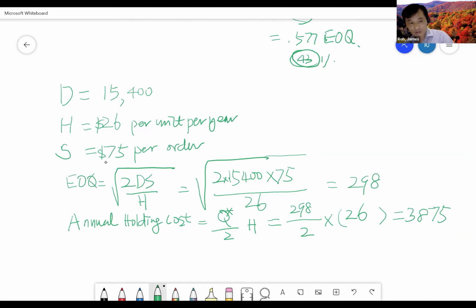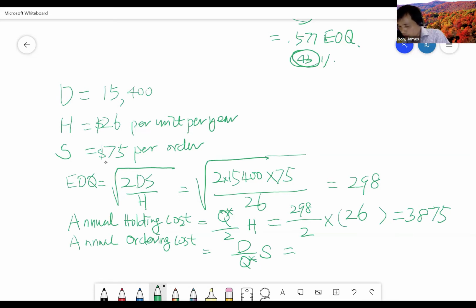Now, the other one is ordering cost. Annual ordering cost equals D over Q star times S. That's the annual ordering cost.